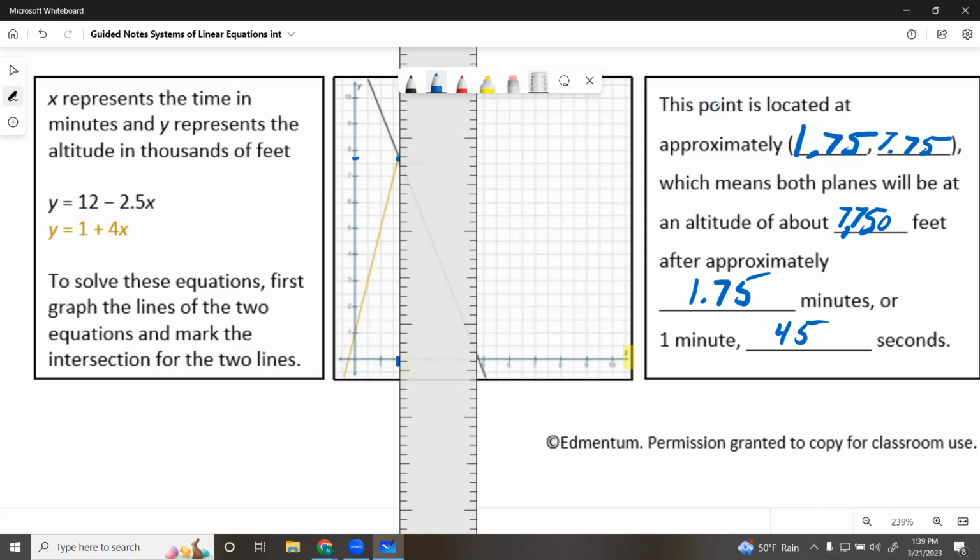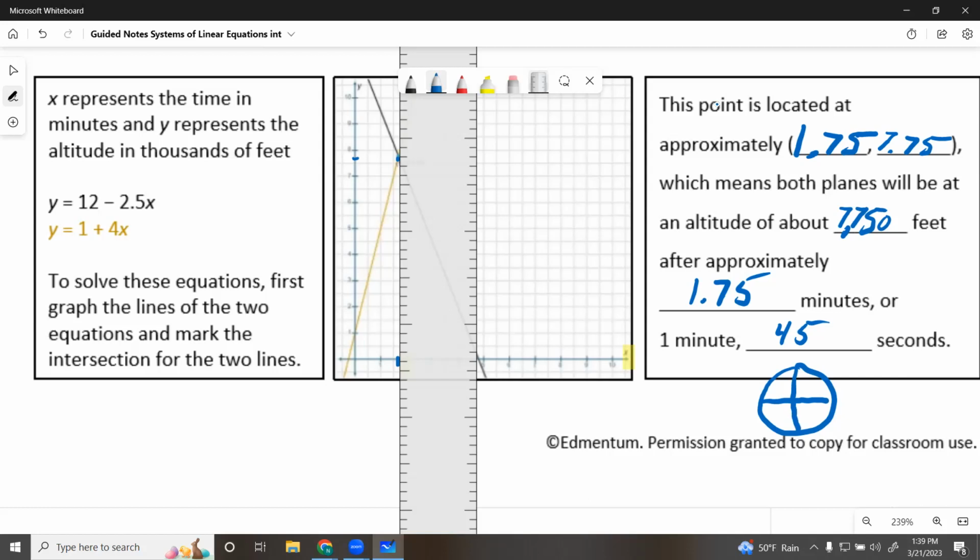There's a little conversion there. 1.75 minutes is the same as 1 minute and 45 seconds. 0.75 is 3/4. 3/4 of a minute is actually 45 seconds. Think of your clock broken into quarters.